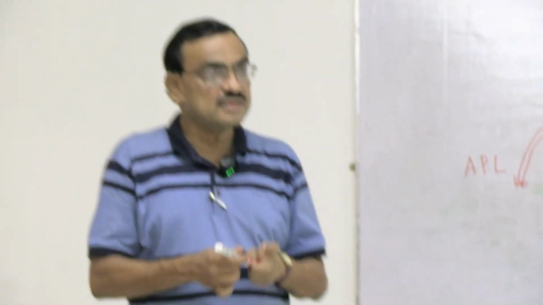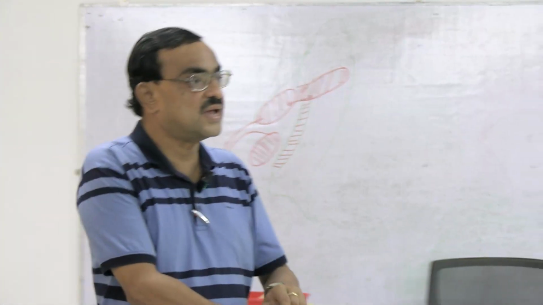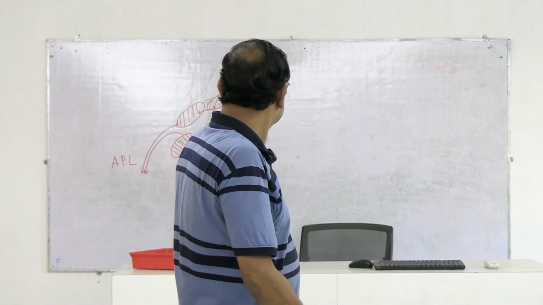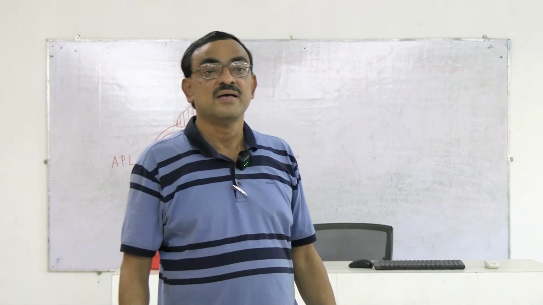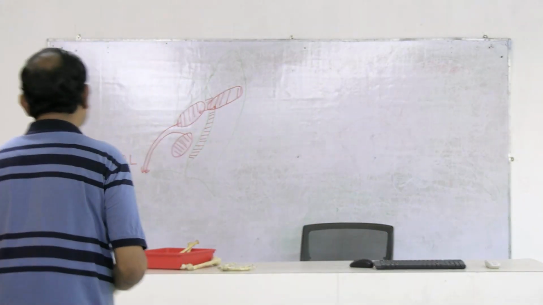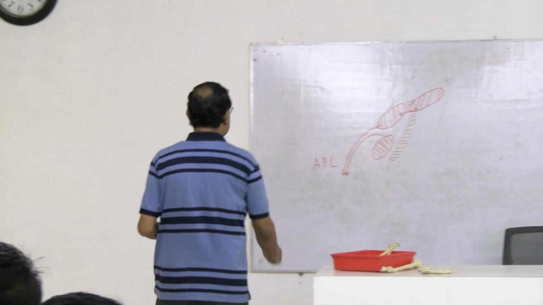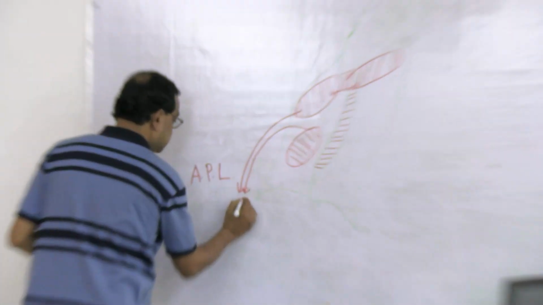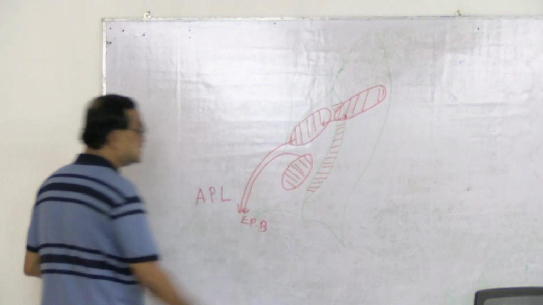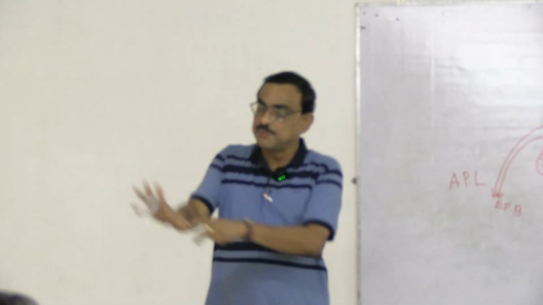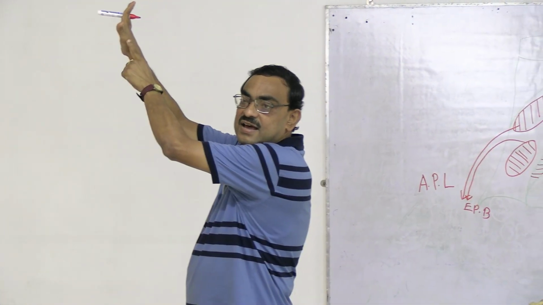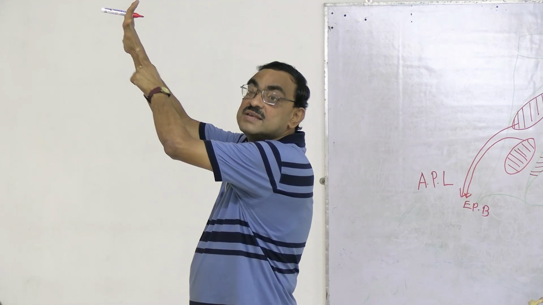We cannot see them, but during our dissection we can find the two tendons here. That muscle is called extensor pollicis brevis. So abductor pollicis longus and extensor pollicis brevis give this impression.